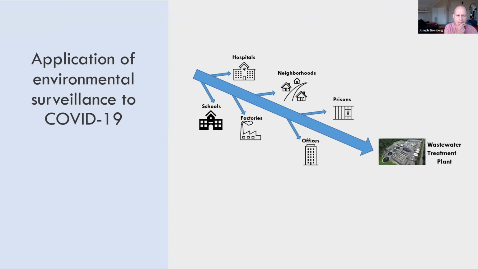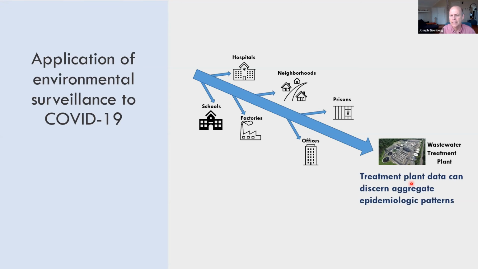So if we think about it and apply this to COVID-19, we can see that we could be sampling at the wastewater treatment plant, and we can get aggregate information about epidemiologic patterns of transmission in a given target population that's served by this wastewater treatment plant, and get important information about seasonality and about early warnings of a potential increase in cases that might be occurring in this targeted population.